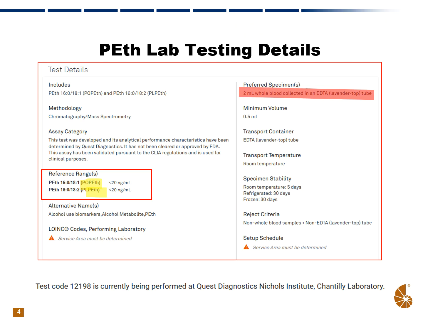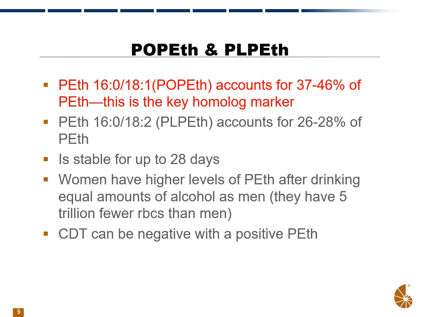That's the main marker that we follow, and less than 20 nanograms per milliliter indicates the person is not drinking ethanol. We've talked at length about this before. That's the main homolog, because PEth actually has 48 different homologs, but PEth 16:0/18:1 is the main one and accounts for about 37 to 46% of PEth. So that's the one we basically follow.